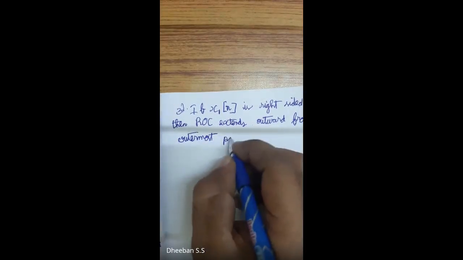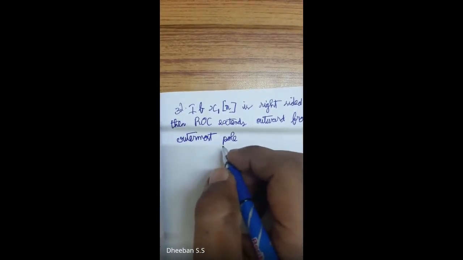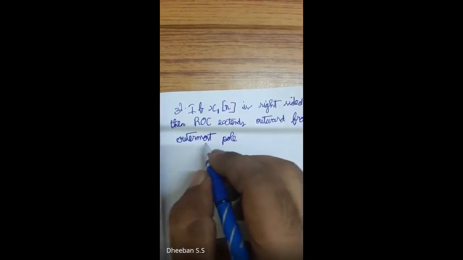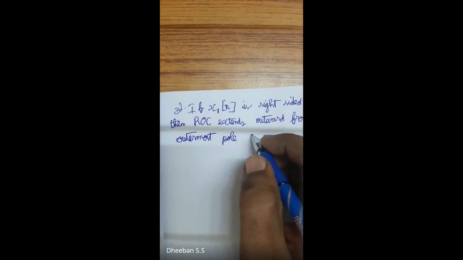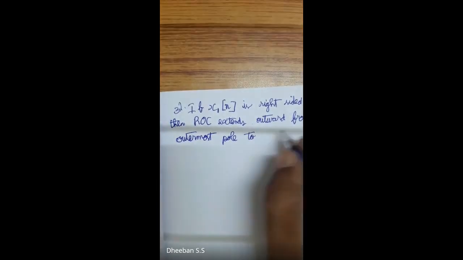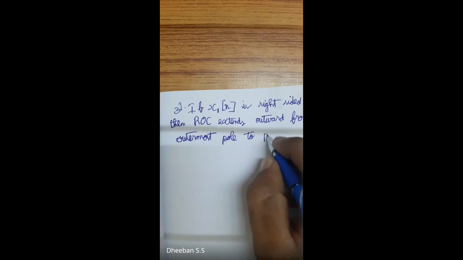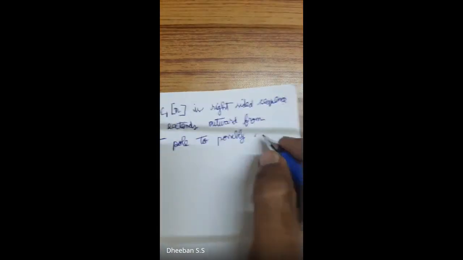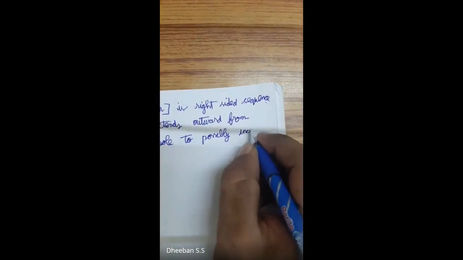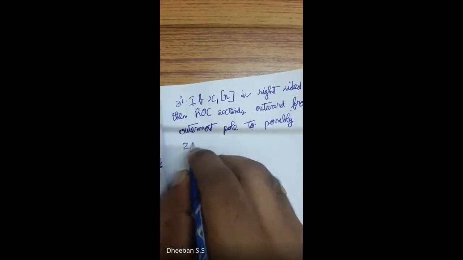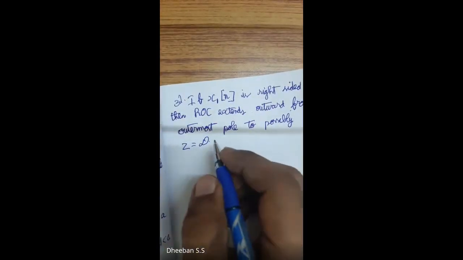The pole won't be inside, so it will be at the boundary. Okay, so that's what they're saying. It will be extending from the outermost pole to possibly including z equal to infinity. Okay.